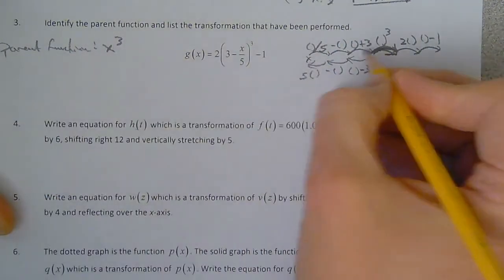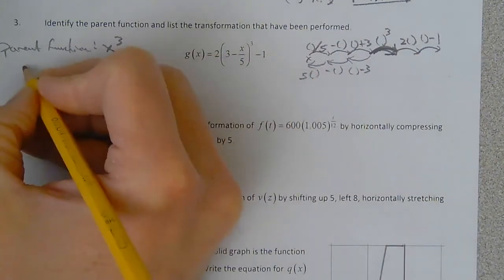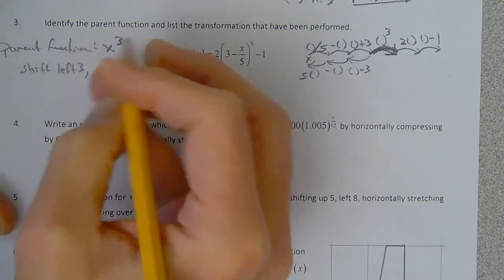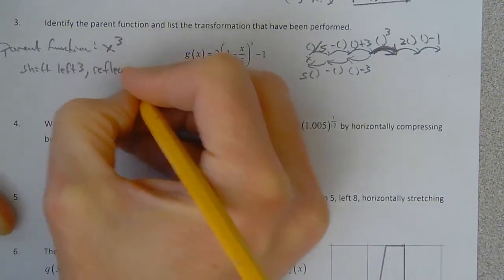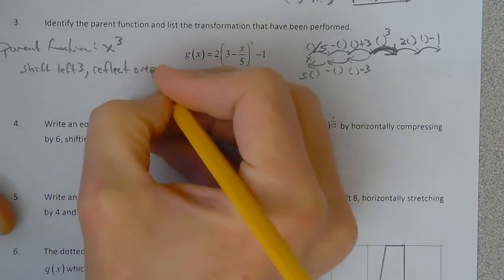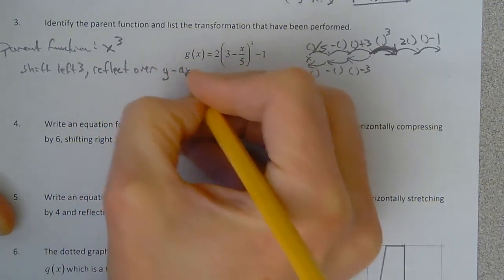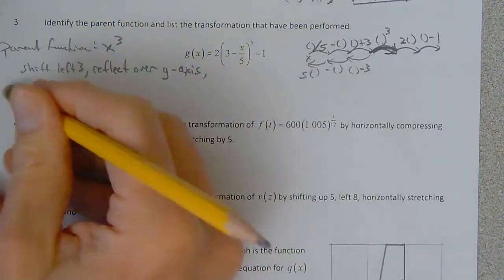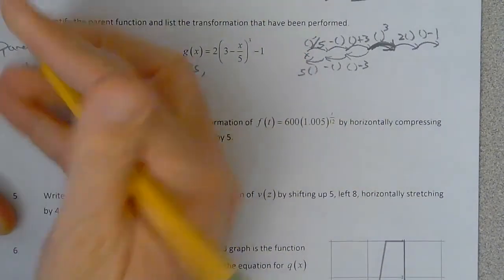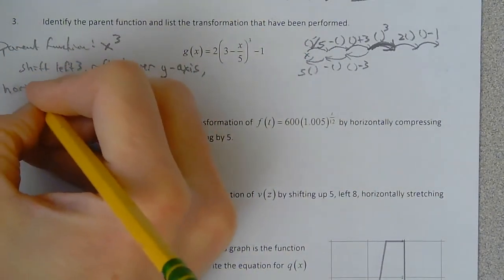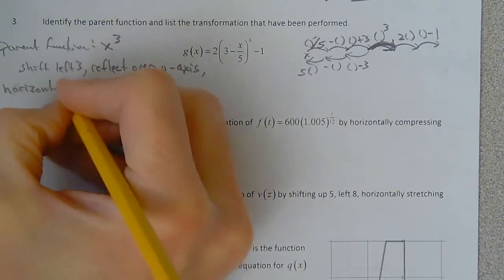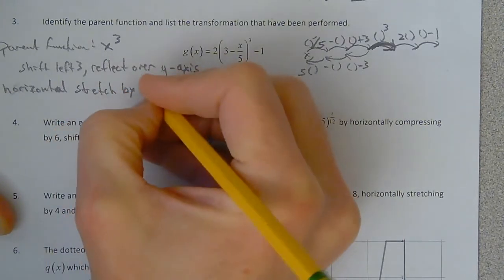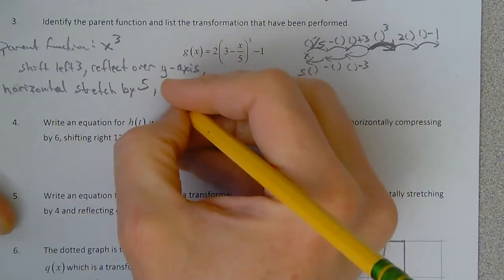So, describing those, again, as I move away from the parent function, I have a shift left 3, reflect over the y-axis, and horizontally stretch. Horizontally doesn't start with an S. A horizontal stretch by 5, and then I'll list my vertical ones.